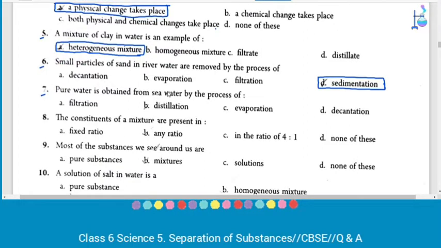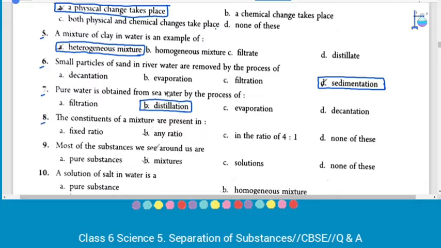Seventh question, pure water is obtained from seawater by the process of filtration, distillation, evaporation, decantation. Answer is distillation. Pure water is obtained from seawater by the process of distillation.